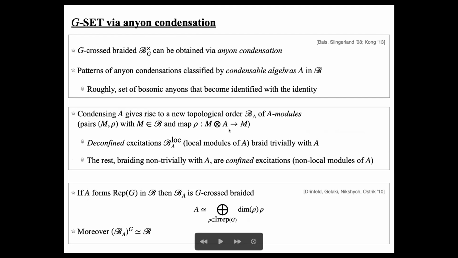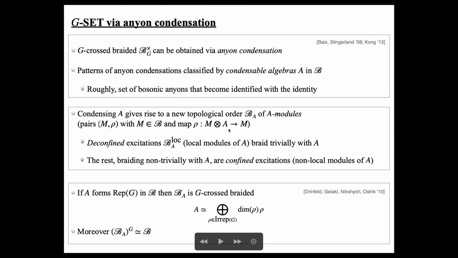Once you do this procedure of anyon condensation, you have access to a new topological order, which I call B_A, where now the excitations are the modules of this condensable algebra A. These are pairs (M, rho), where M is an object in the original topological order B, and you have maps from M tensor A into M.